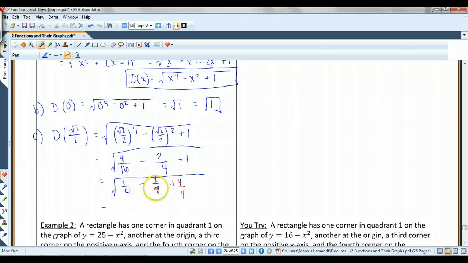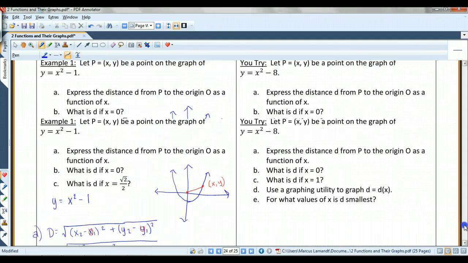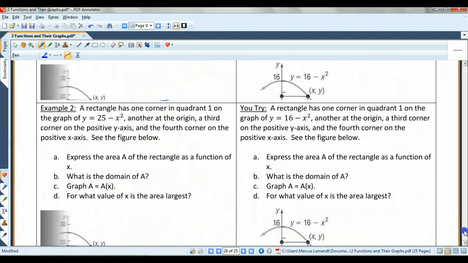So now I just go with the numerators. 1 minus 2 is negative 1 plus 4 is 3. So I have the square root of 3 over 4, which is the same as root 3 over 2. There we go. Alright, you guys go ahead and try the U-try.